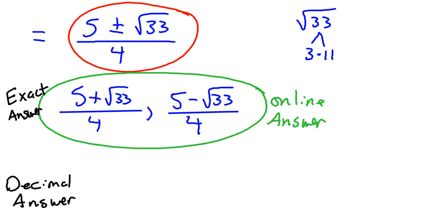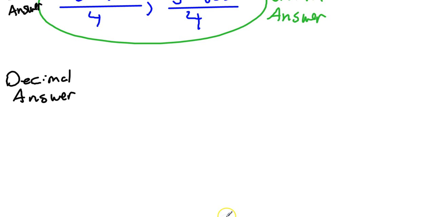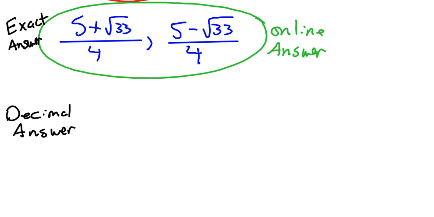If they ask you for a decimal answer, well, you take that square root of 33 and change it to a decimal number. And they should tell you exactly how many places to go to. They should tell you to round it to 2 decimal places. So that's one where you would take out your calculator.